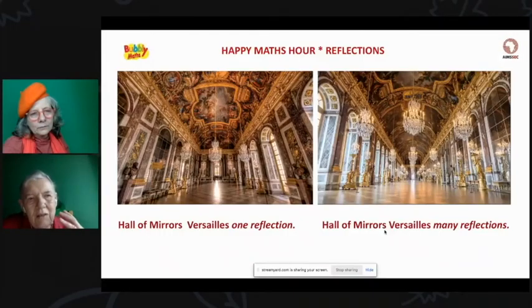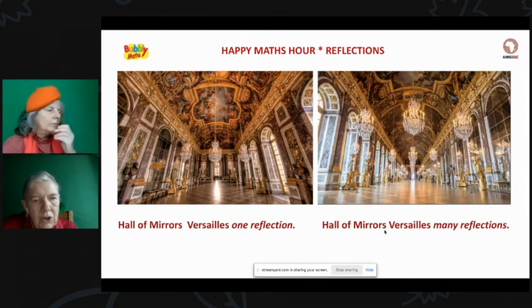This is famous. This is hundreds of years old. Louis XIV, Hall of Mirrors, which he had built in Versailles. And you can see one picture on the left, which just shows the hall itself. And now just think about it.